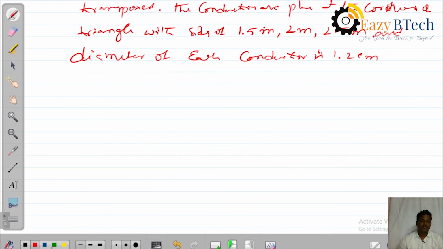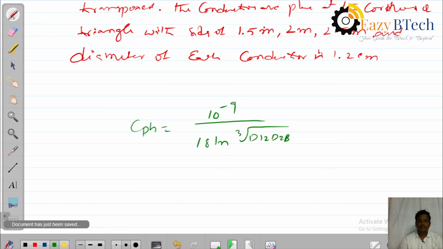Just now we derived the capacitance per phase formula for unsymmetrical transposed. It is 10 power minus 9 divided by 18 ln third root of d12 d23 d31 divided by r.